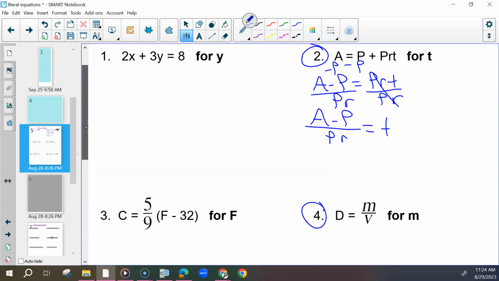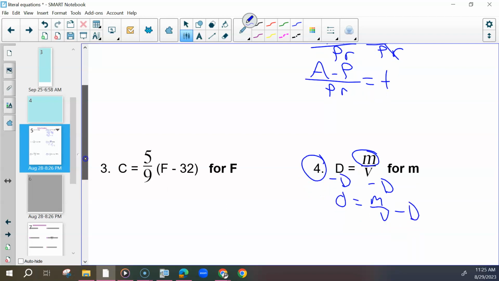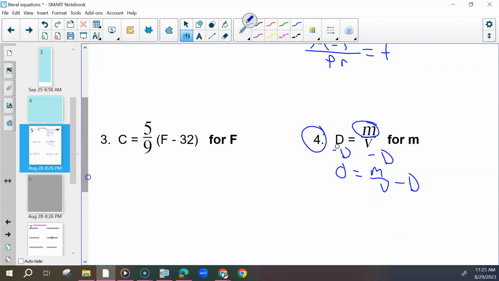Alright, number 4, we are trying to solve for M. So we have to get rid of B. How would we do that? You said minus B. Okay. If I subtracted B, would that help me get M by itself? We would not divide, because we're already dividing, but the opposite.